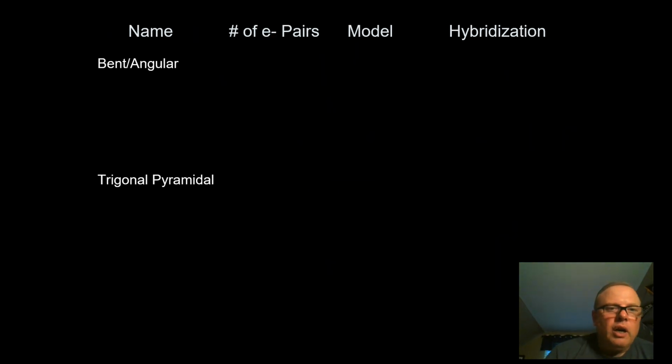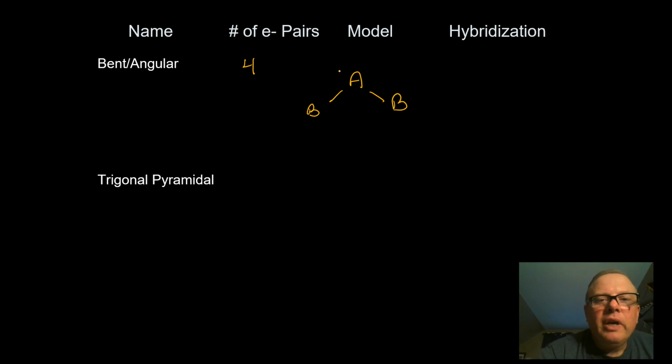Okay, next 2 shapes here, the bent or angular shape. This one here is a bit different. It does have 4 electron pairs. Our model of that, I'm going to use A, and it's going to be bonded to 2 different things, the B and the B. And it's going to have 2 sets of electron pairs on the central atom.